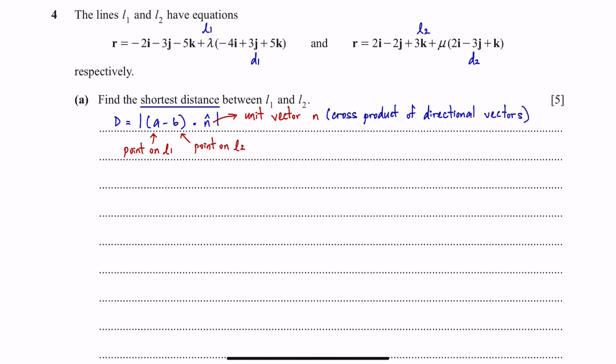So now we'll try to find A minus B. A minus B is basically this minus this. These are the points on the line.